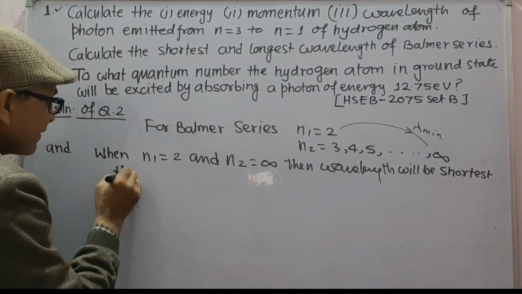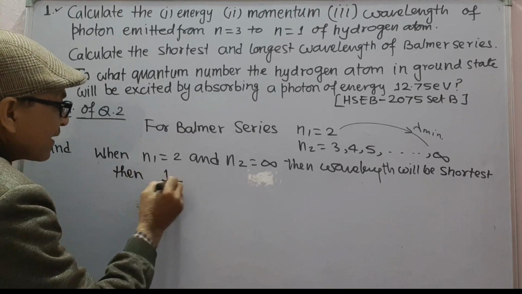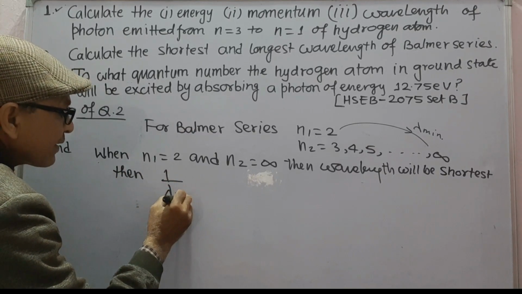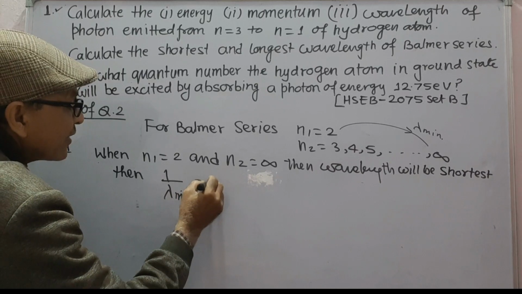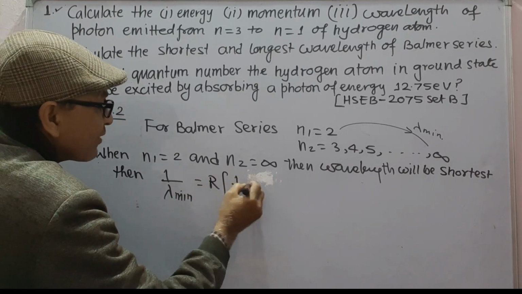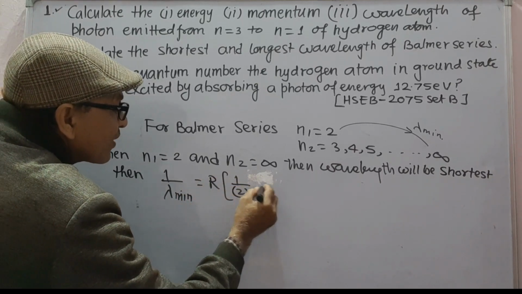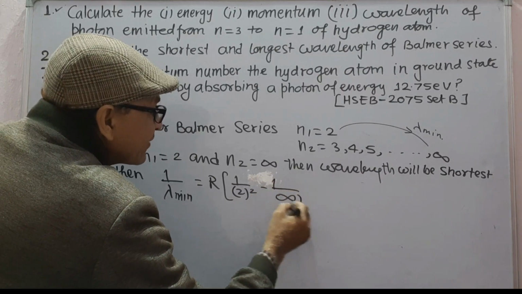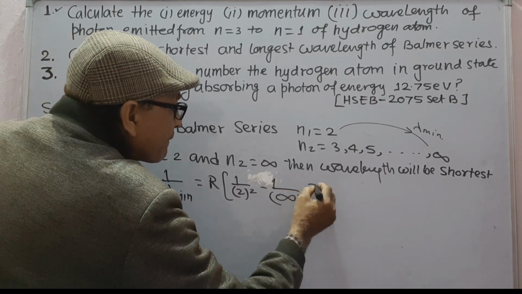Then 1 upon lambda minimum will be equal to Rydberg constant R times (1 upon 2 square minus 1 upon infinity square, which is 0).